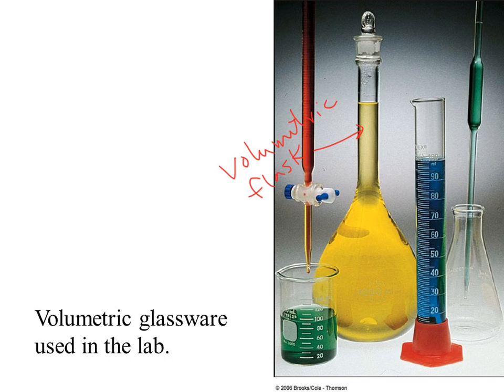It's similar to the pipette in that up there is a mark that says to contain a certain volume. In this case, there's a single mark that they made at the factory to say that at the skinny neck right up there, you have a particular volume. And it's really pretty darn accurate. Usually they'll give you the accuracy of your vol flask down here. It'll be plus or minus 0.00 milliliters or something.